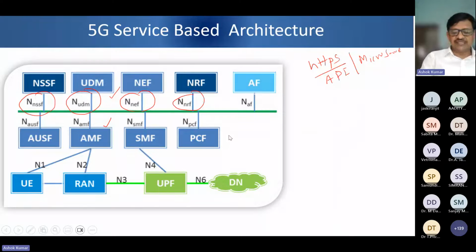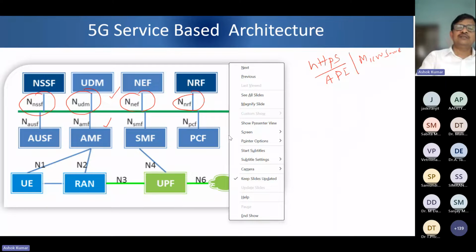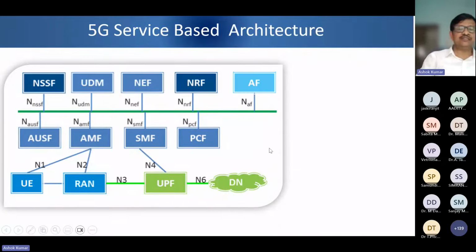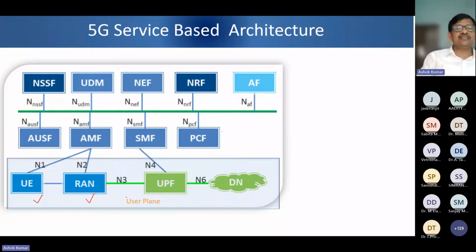But you still see some of the interfaces as reference point architecture. Those are towards the user plane. If you recall, in 5G our user plane is the UE, radio access network, user plane function, and data network. This is part of the user plane.